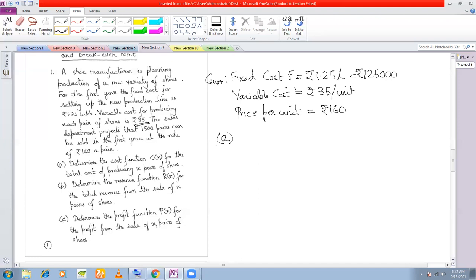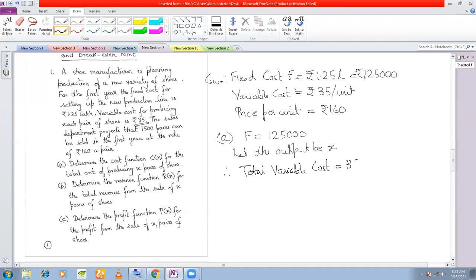Determine the cost function for the total cost of producing X pairs of shoes. So fixed cost F here is 1,25,000. Let the output, number of units produced or number of units demanded, be X. So what is the total variable cost? Variable cost is 35 per unit, but how many units are being produced?